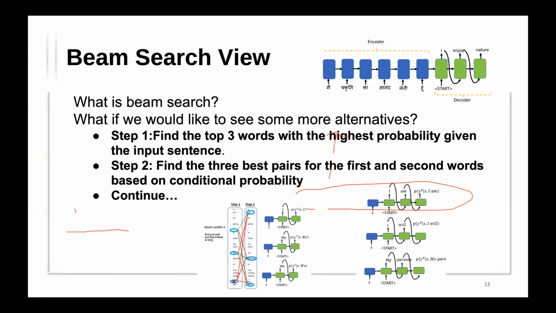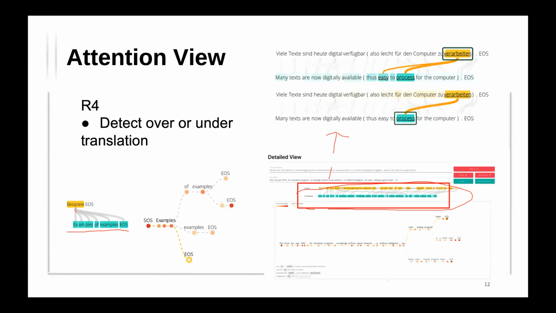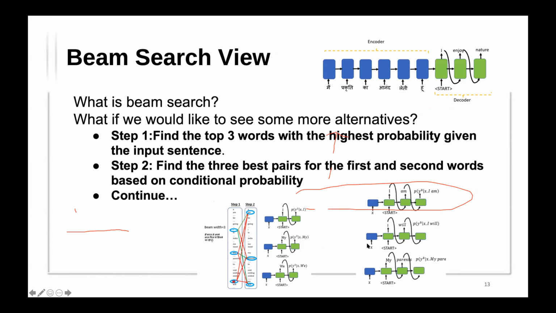Okay. And then the last part, the tree structure of the sentence, is called beam search view. But here we should first introduce what is beam search. So in practice, if you use the model to predict the translation output, usually we would only find one best solution.